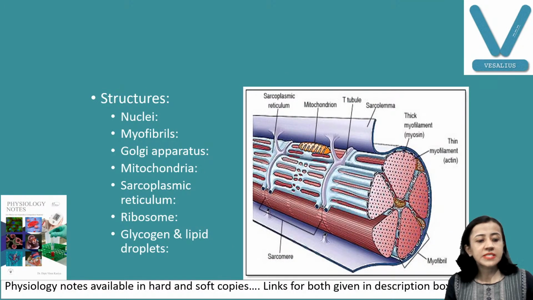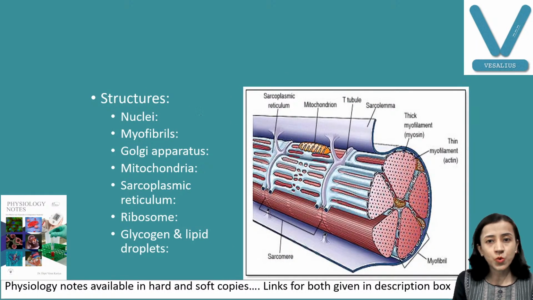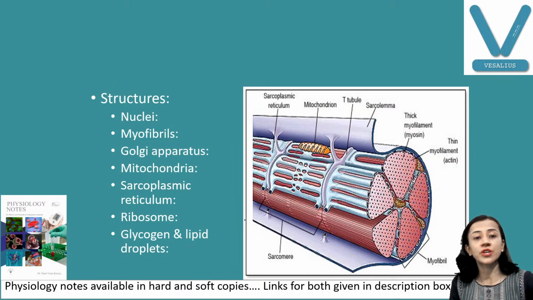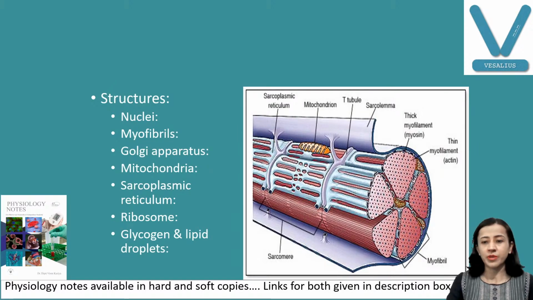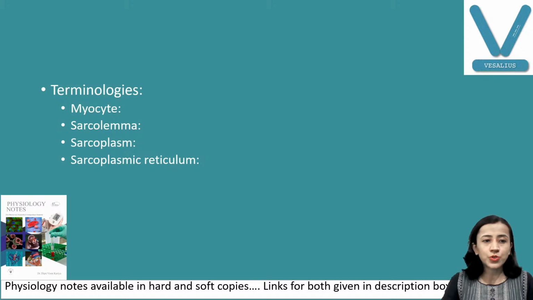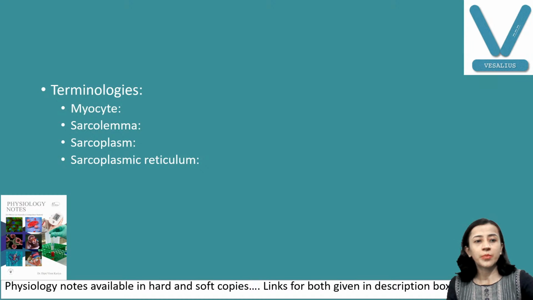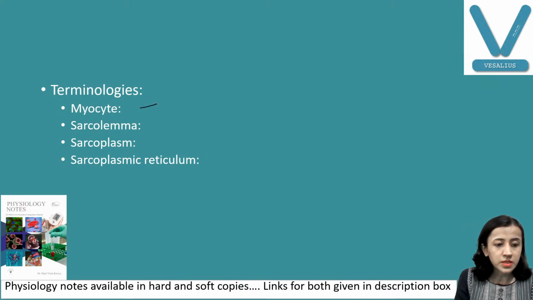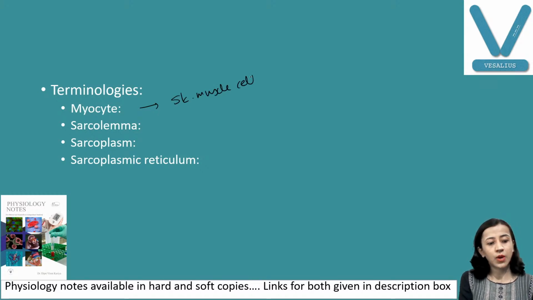As we have discussed, the skeletal muscle cell has a nucleus. You can see sometimes more than one nucleus is there. It has myofibrils, Golgi apparatus, mitochondria, sarcoplasmic reticulum, and also ribosomes, glycogen and lipid droplets. Now certain terminologies. One is myocyte. The skeletal muscle cell is known as myocyte.